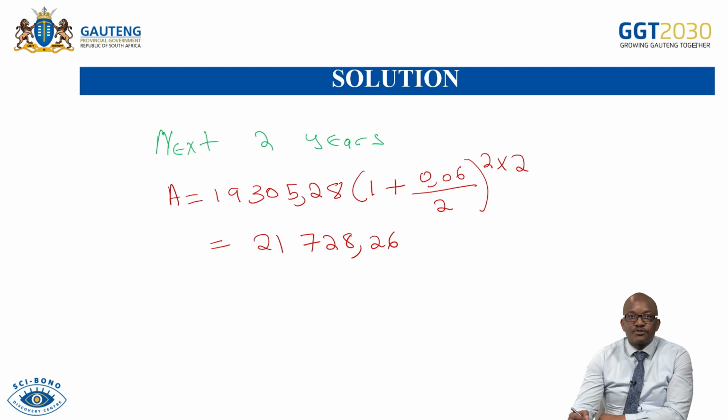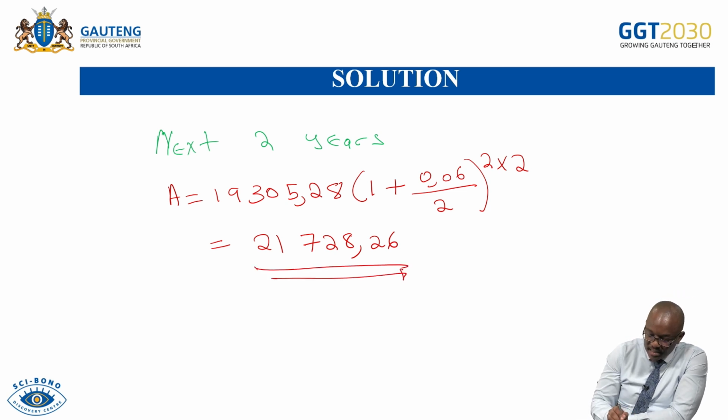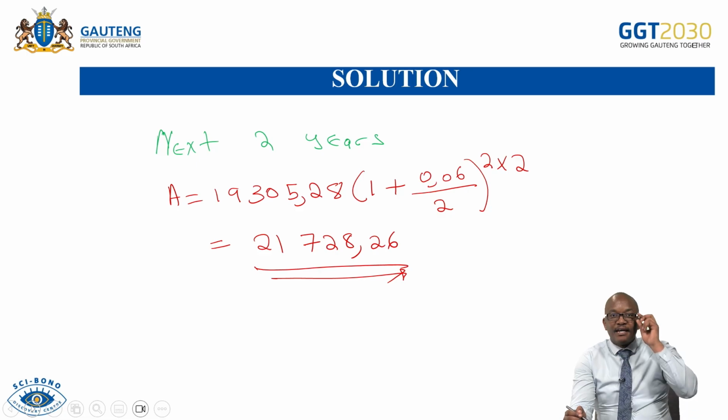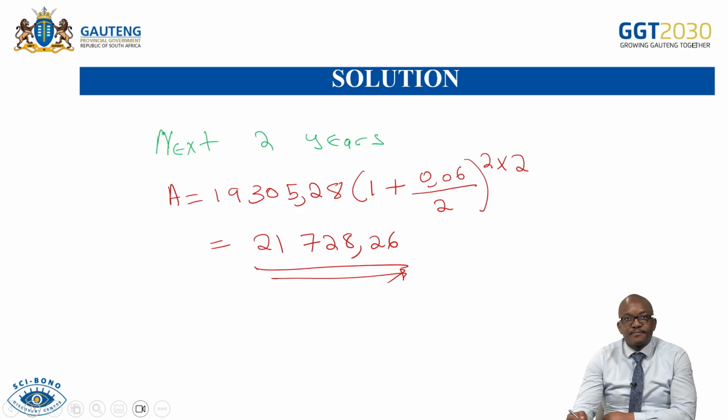Correct? So that is the amount of money that Timo will have at the end of 5 years.